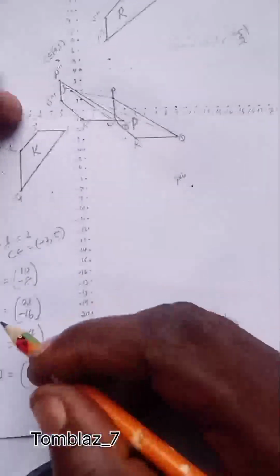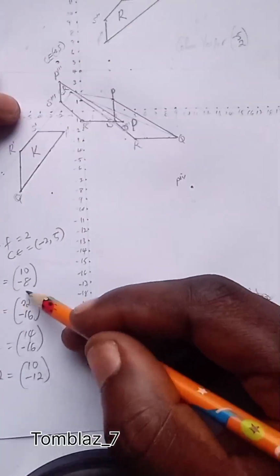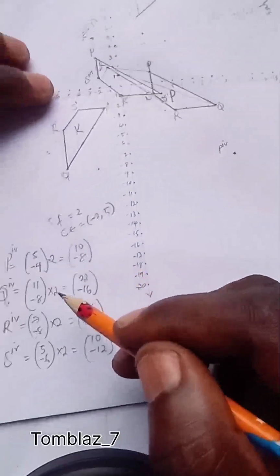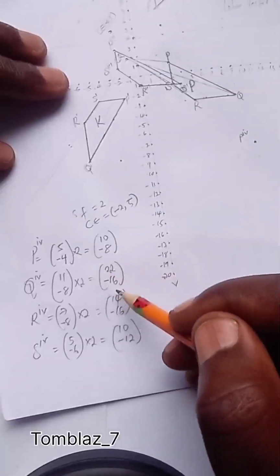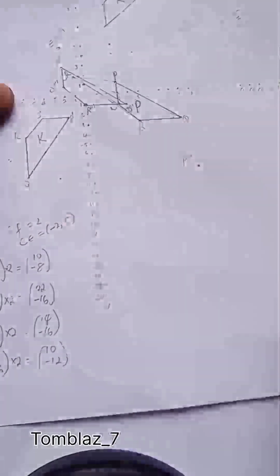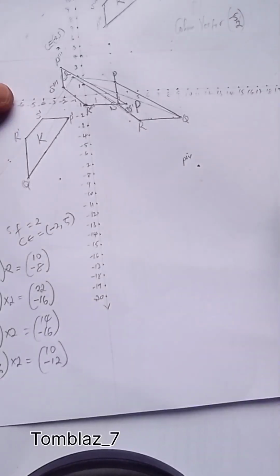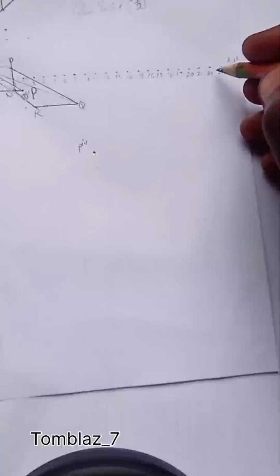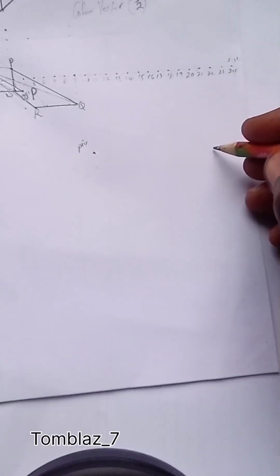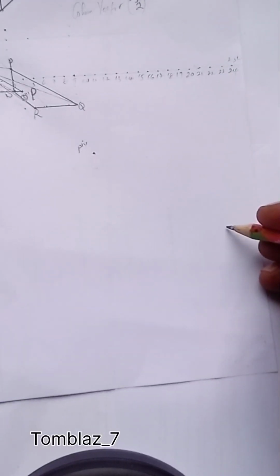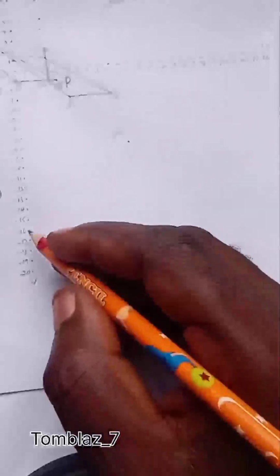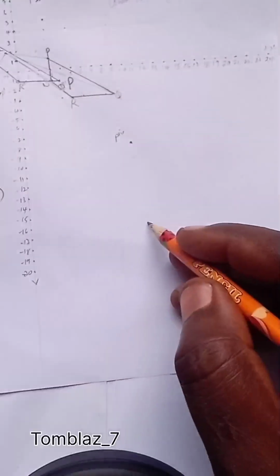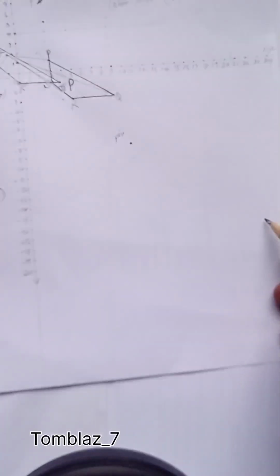Then Q IV is 22 and minus 16. So X is 22 and Y is minus 16. We trace it down. X is 22 here, and this is minus 16, so we trace them until they meet.